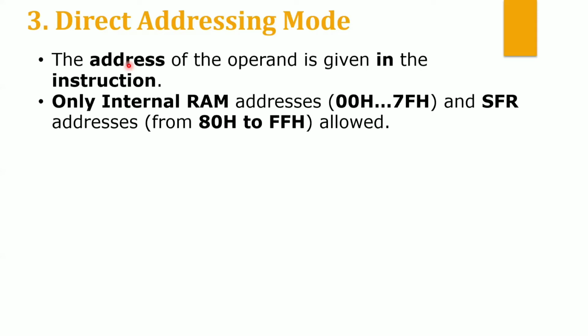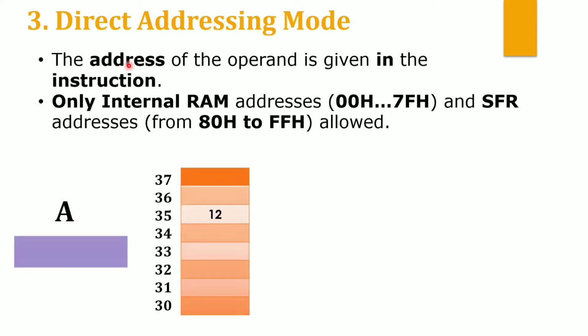Now let's take one example. I love examples to explain, because if you learn with the help of examples, it's very easy to understand, right? Now there is a memory location. This is a RAM. Suppose, for example, there is a memory with locations from 31 to 37 and so on. And in location 35, I have the value 12. Now I write one instruction, MOV A comma 35. What does this instruction mean? Am I moving the data 35 to A?